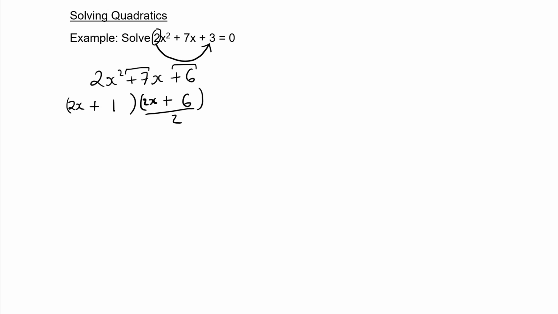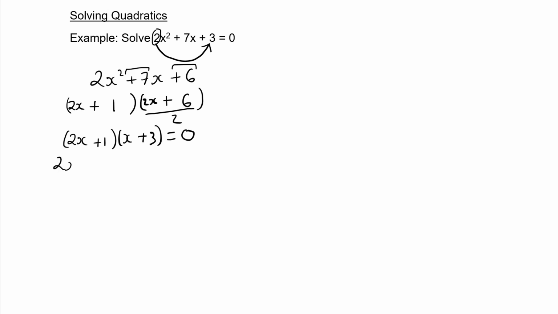So I'm going to divide my second bracket by 2, giving me 2x plus 1 times x plus 3 as my final factorized form. But if the equation at the start was equal to 0 when it was not factorized, it still equals 0 when it is factorized. So I have 2x plus 1 times x plus 3 equal to 0.